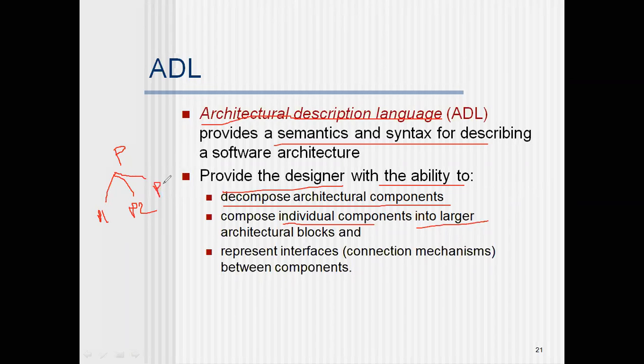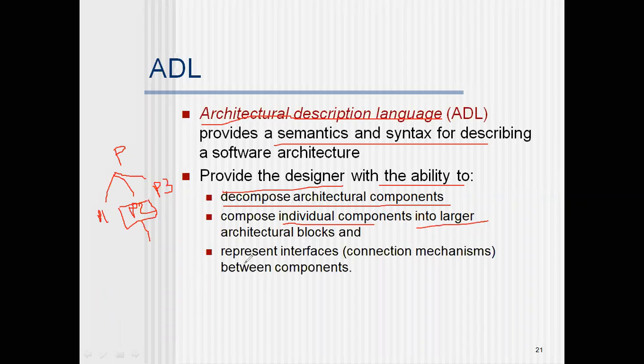Here you have decomposed the total problem into a number of components. Among these three, if P2 is a larger one, then you need to compose this one as an individual component. This particular P2 is an individual component.